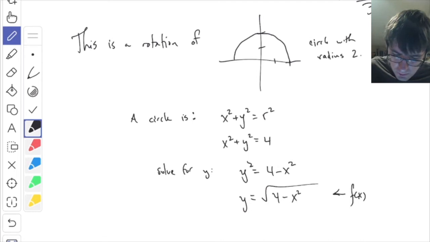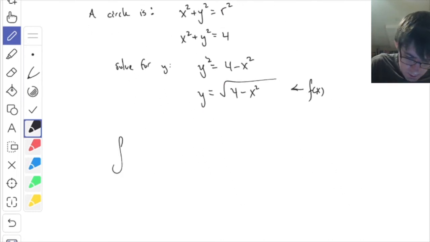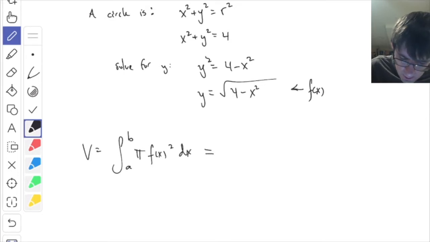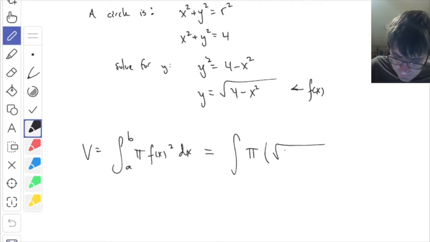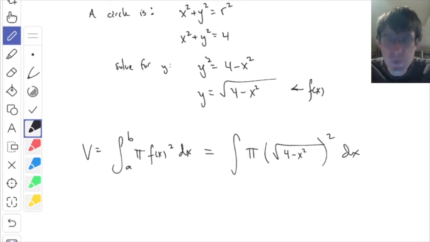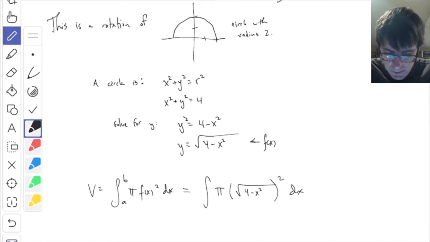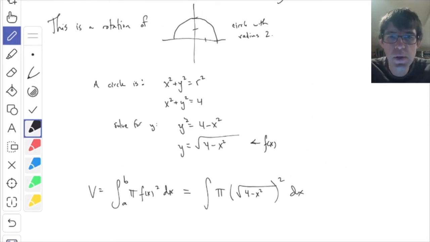The formula is the integral from a to b of pi f of x squared dx, right? I'll talk about the a and the b in a moment. Pi times f of x, which is this function, the square root of 4 minus x squared, squared, dx. What do you think? How about those a's and the b's? That would be the x values that we want to go across when we rotate the shape.